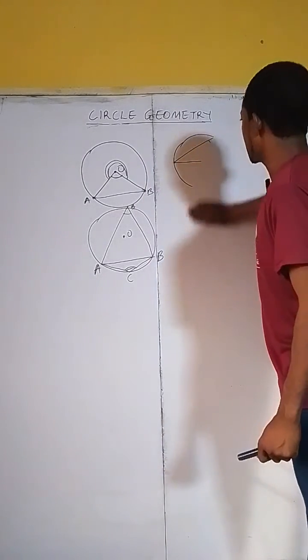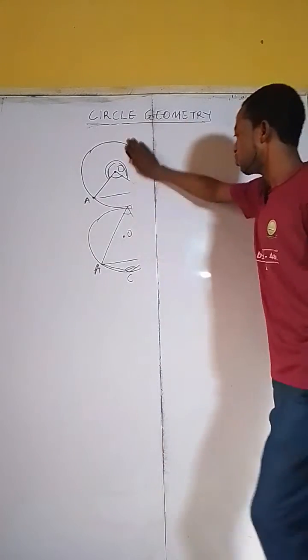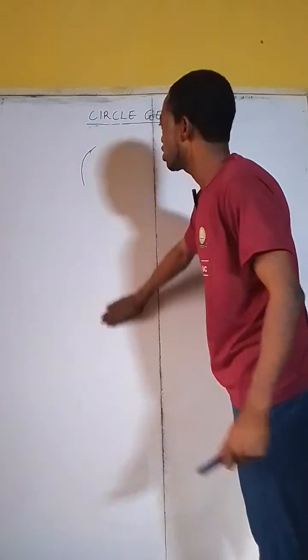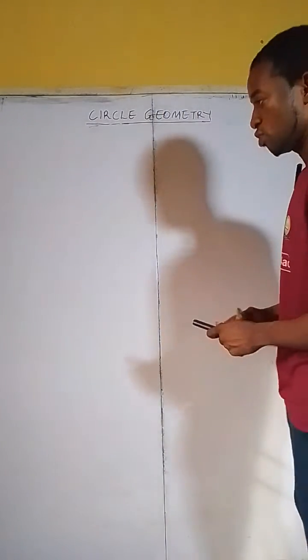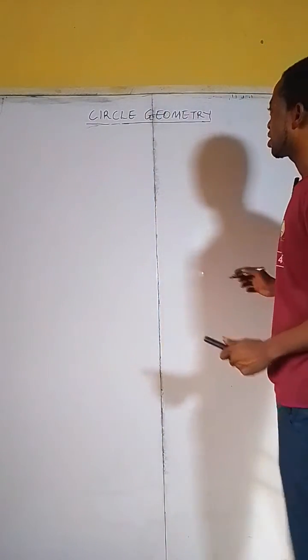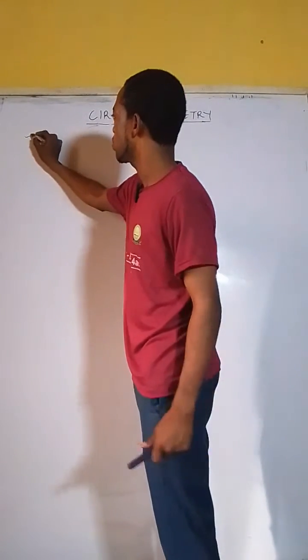Now let's look at the first theorem. The first theorem we are looking at here is what all other theorems hang around. So we call it Theorem 1.